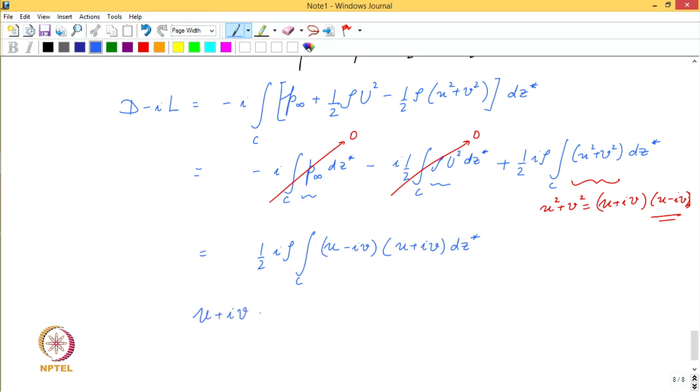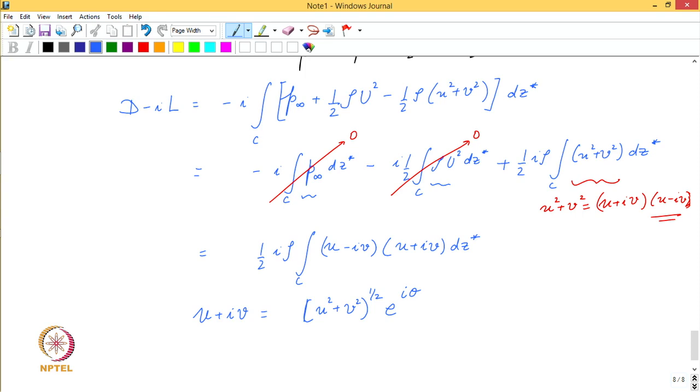iv, which could be written as, well, the square root of u square plus v square, which is the magnitude of this function, into the argument given in terms of angle theta.